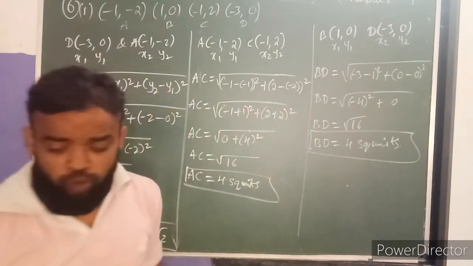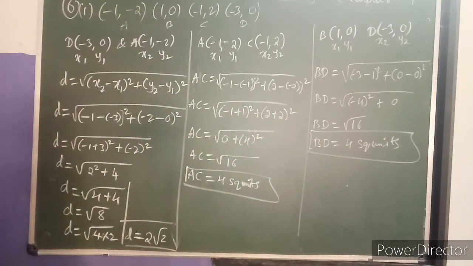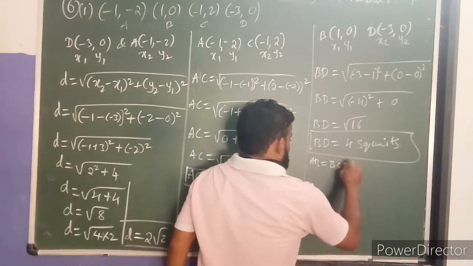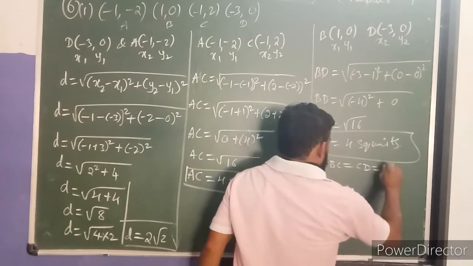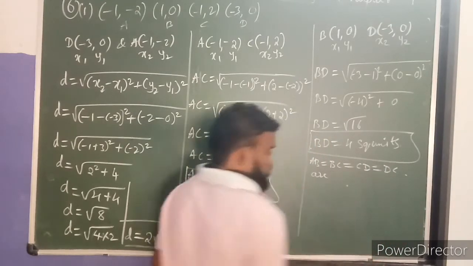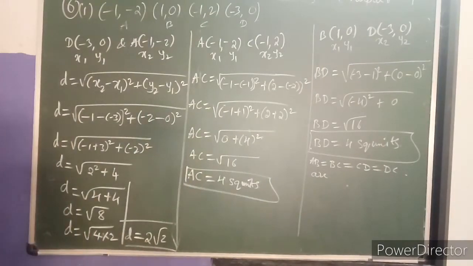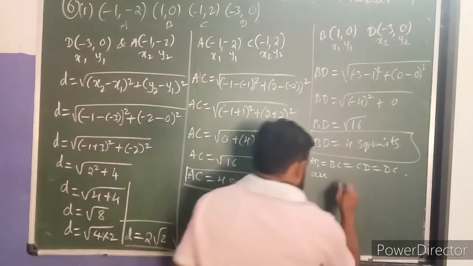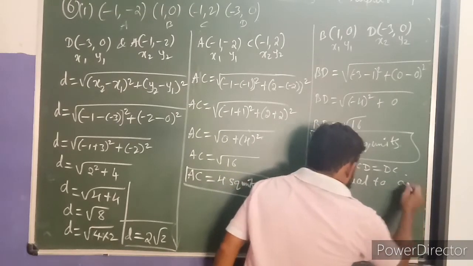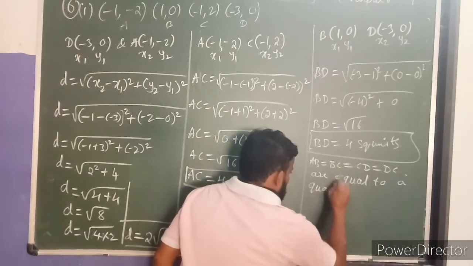So what we have to call: AB is equal to BC is equal to CD is equal to DA, and it is a quadrilateral.